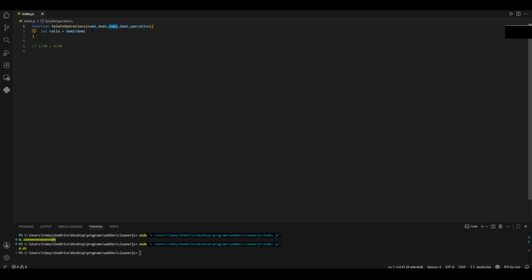And then fixed num 2 equals num 2 divided by ratio. And then let's return num 1 plus fixed num 2 divided by that denom 1. And this only works for addition so far.